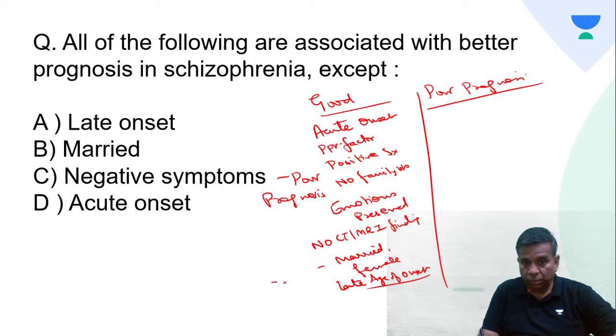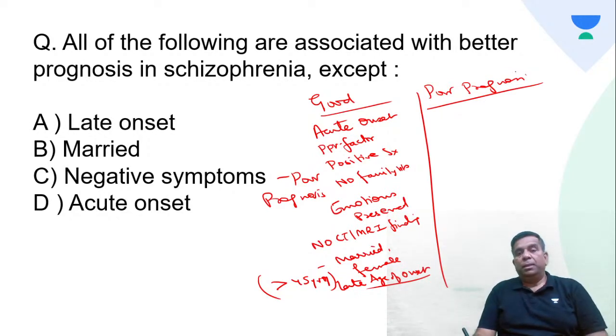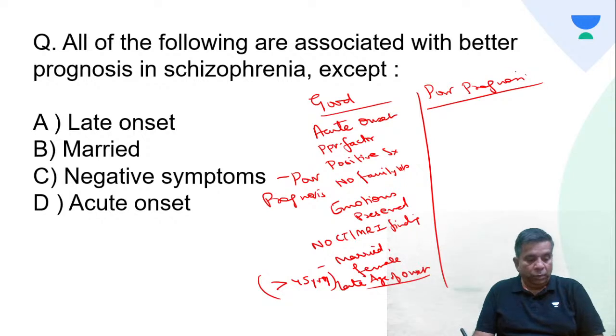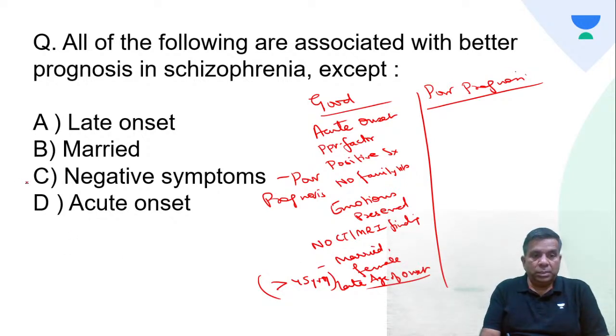That is also an MCQ. What is late age of onset? After 45 years of age, that is late age of onset. So C is the answer.